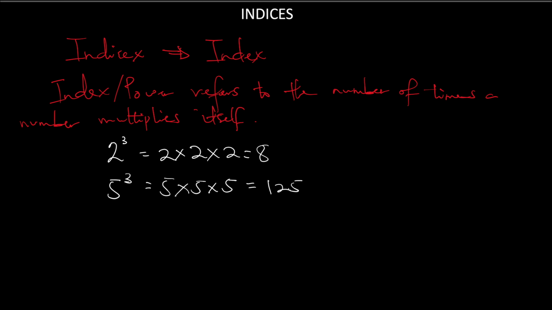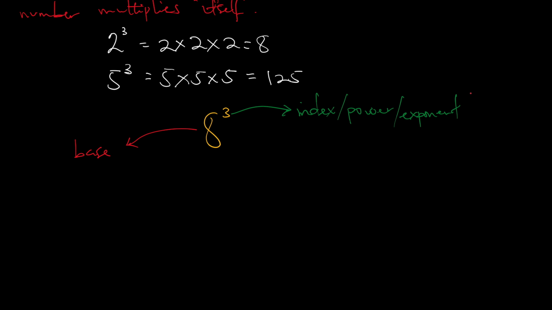So if we have 8 raised to the power 3, 3 is our index, or we can say power or exponent. And then the 8 is the base. So for any number expressed in indices form, we have 2 parts to it. We have the base and then the exponent.